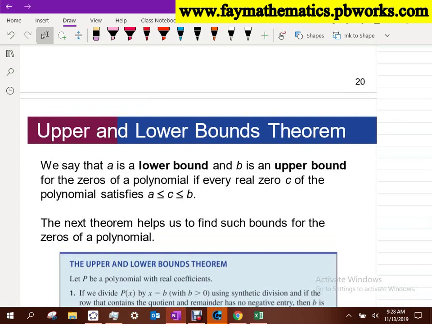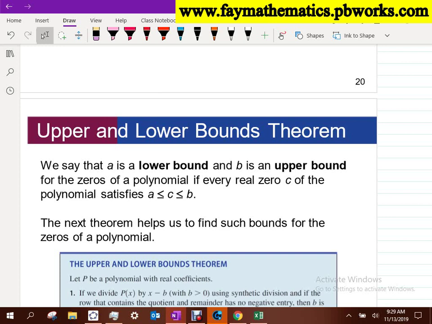Basically what it says is if C is representing your zeros, the place where you cross the x-axis, and we say that A is a lower bound and B is an upper bound, then if all the zeros of your polynomial that are real fall between A and B, that means A was a lower bound and B was an upper bound.